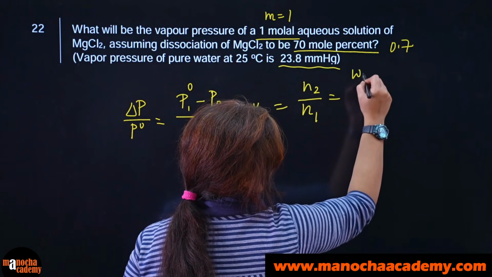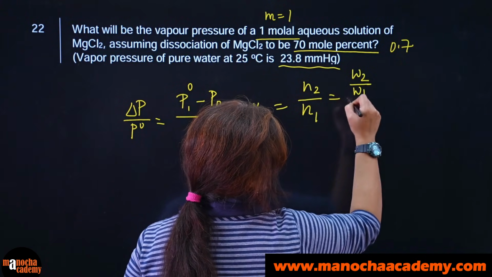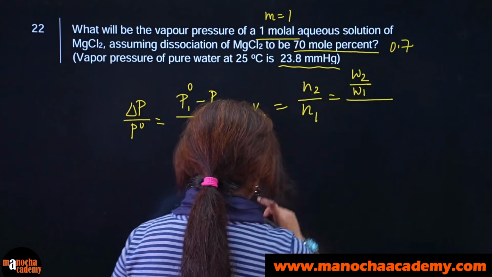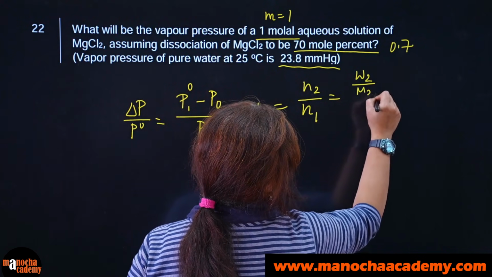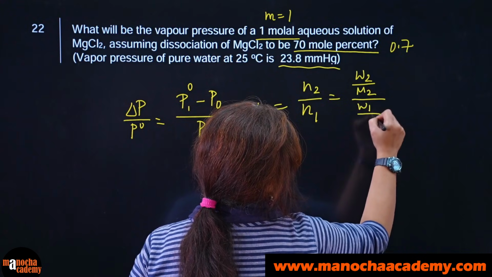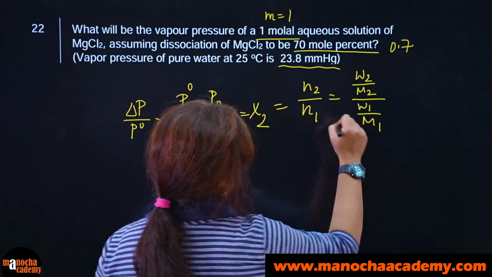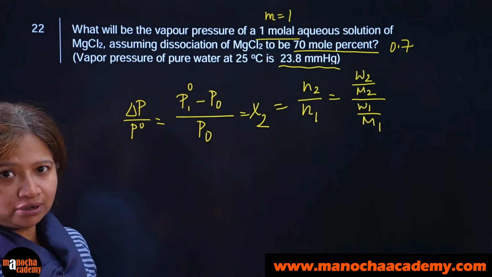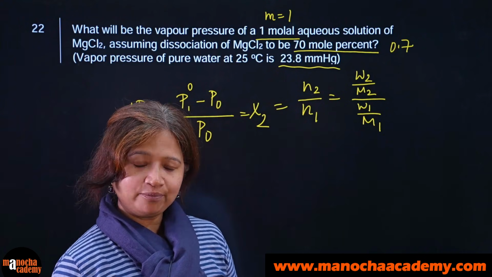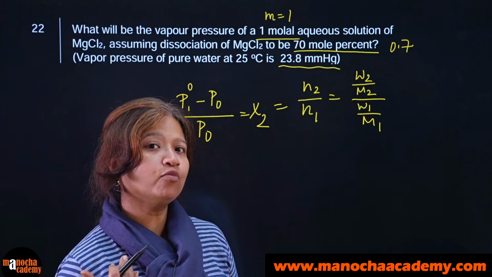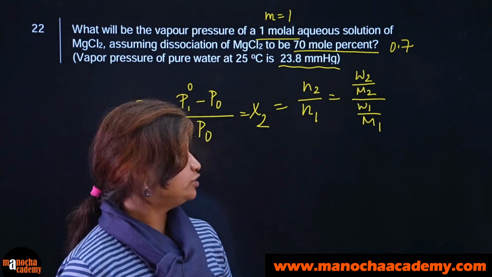N2 we know is W2 by M2. Here, sorry, what have I written? W2 by M2, and here W1 by M1. And here, the solvent is water. So taking that, the weight is 1000 gram, because 1 molal means 1 mole of the solute is mentioned there.